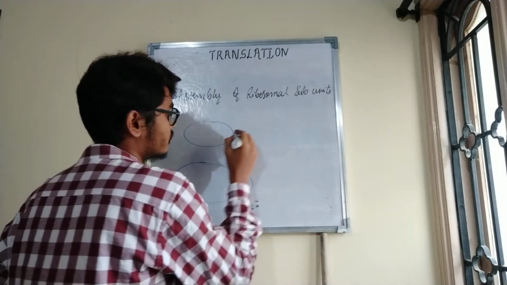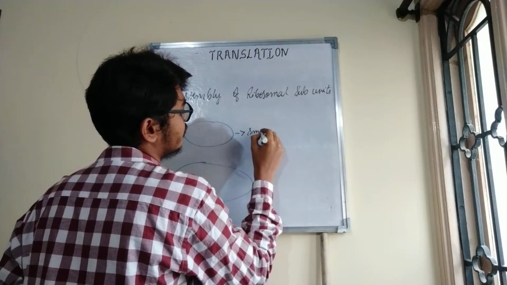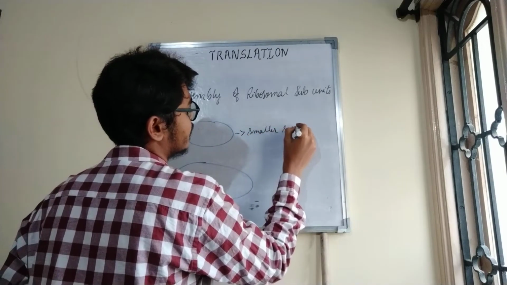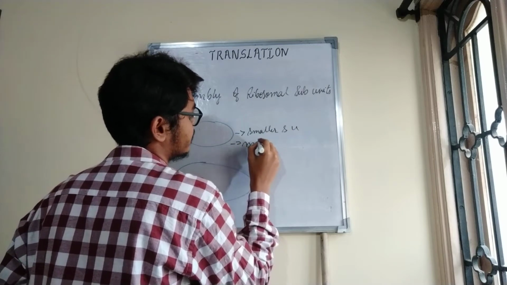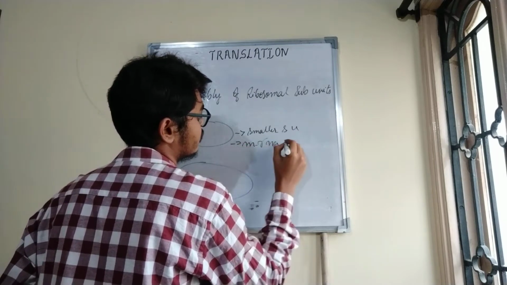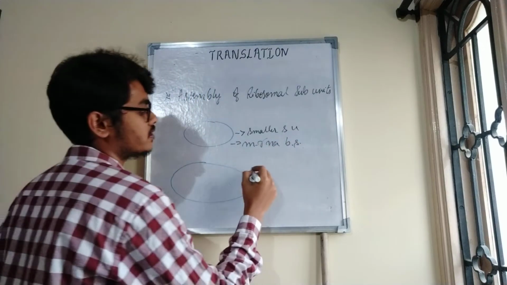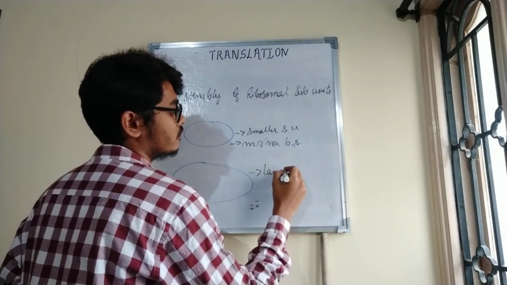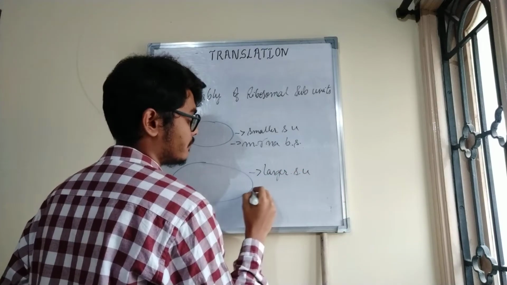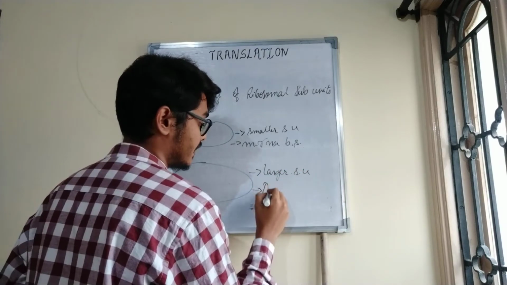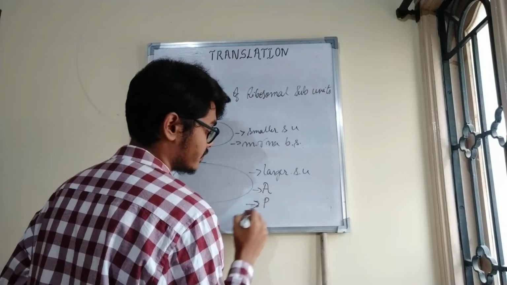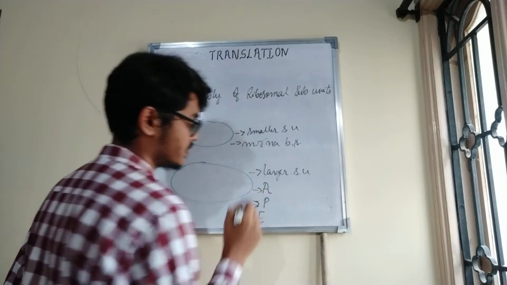So the smaller subunit will be having mRNA binding site, and the larger subunit, it will be having three sites: A site, P site and E site.